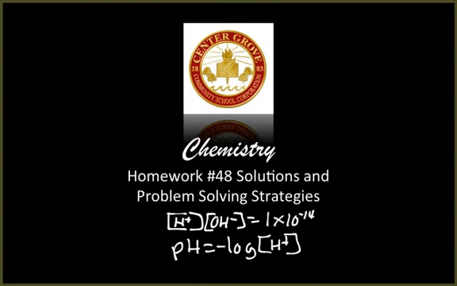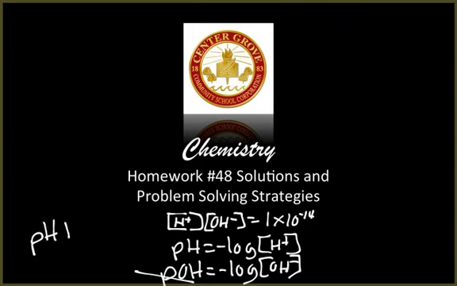Same thing with pOH: negative log of your OH. If we remember, pH plus pOH equals 14, and if we want to go backwards to get H plus, it is 10 to the negative pH.